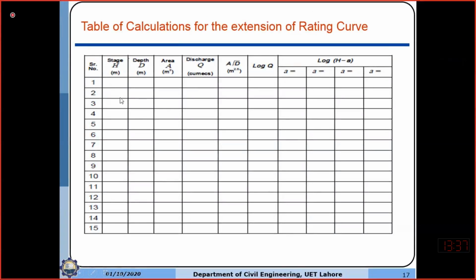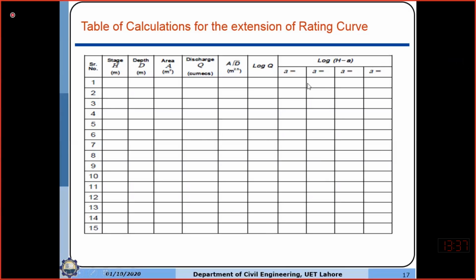So you are given the stage in meters, depth in meters, area in square meters, and discharge in cubic meters per second. For the logarithmic method, you have to find log of Q. So you have to take the log of this column of Q, column number 4, or column number 5 if you consider the serial number column as well, and write it over here.